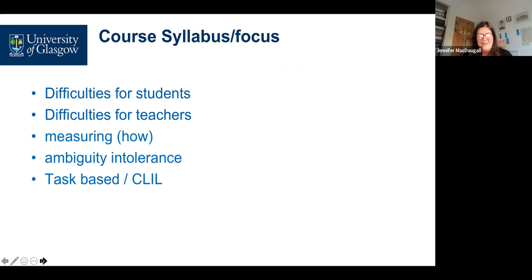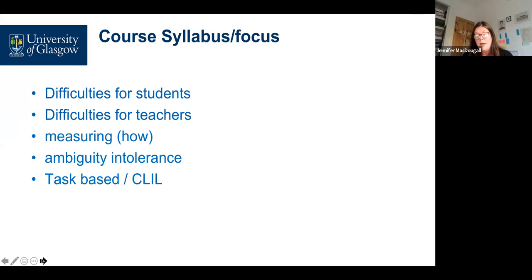But creating something which we think is quite authentic, and which we think meets the needs of the students, also creates difficulties. The assessments are challenging for the students. The assessments are challenging for the teachers in different ways.